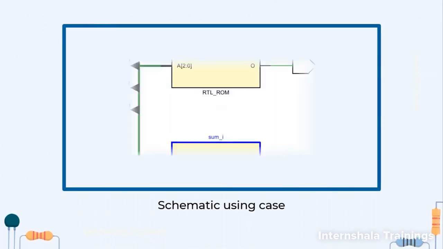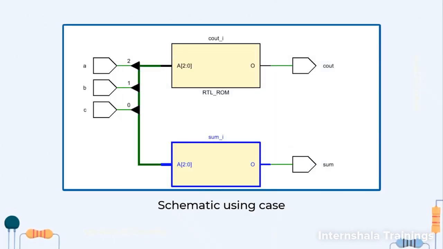When it came to the case implementation using case statements, we found that the schematic is made using read-only memory elements. Inside these two blocks, one for sum and one for cout, there will again be a lot of elements involved. They are not visible here, but this circuit is again going to take a lot of area.